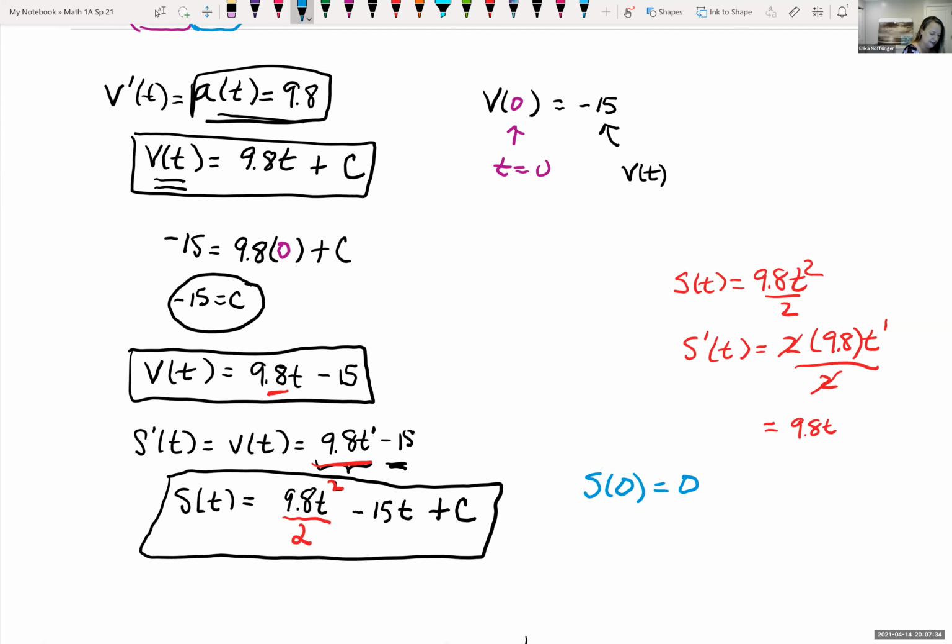So if I plug that in here, I get 0 is equal to 9.8 times 0 squared all over 2 minus 15 times 0 plus c. So basically I get c is equal to 0.